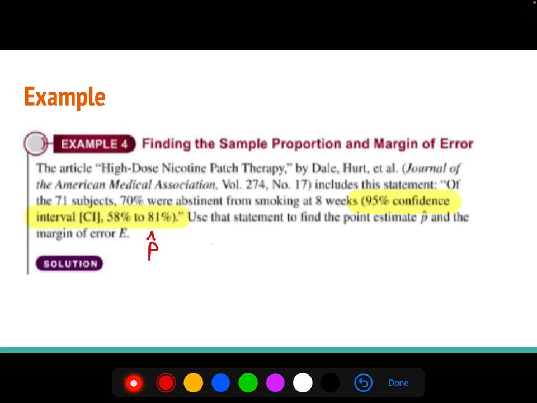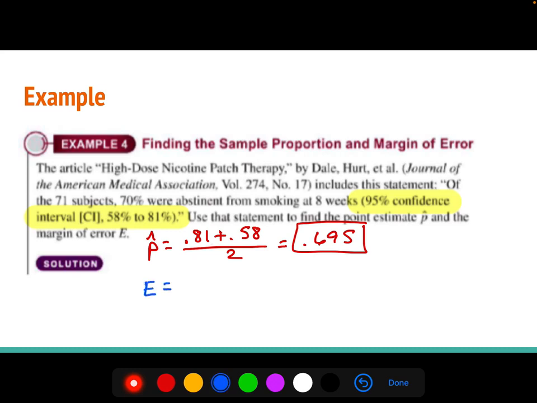The point estimate is upper plus lower divided by 2, so like the average, mean. The margin of error is upper minus the lower divided by 2, which is 0.115.